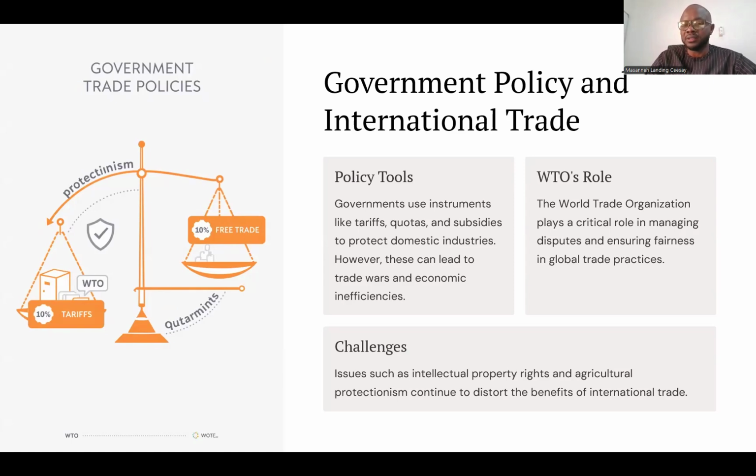But again, it must be said that tariffs and quotas usually result in trade wars. A good example is when President Trump was in power between 2016 and 2020 in the US. He imposed certain sanctions on China, and China didn't hesitate to return the favor.